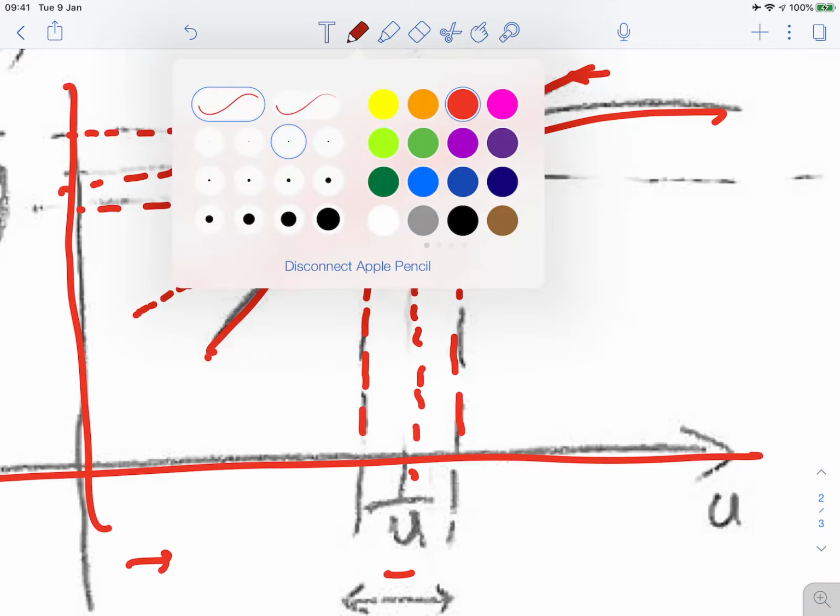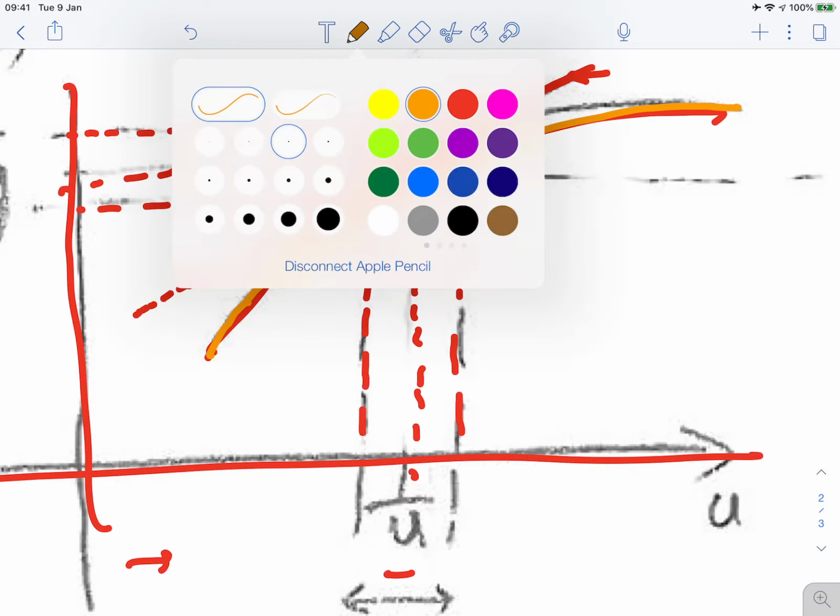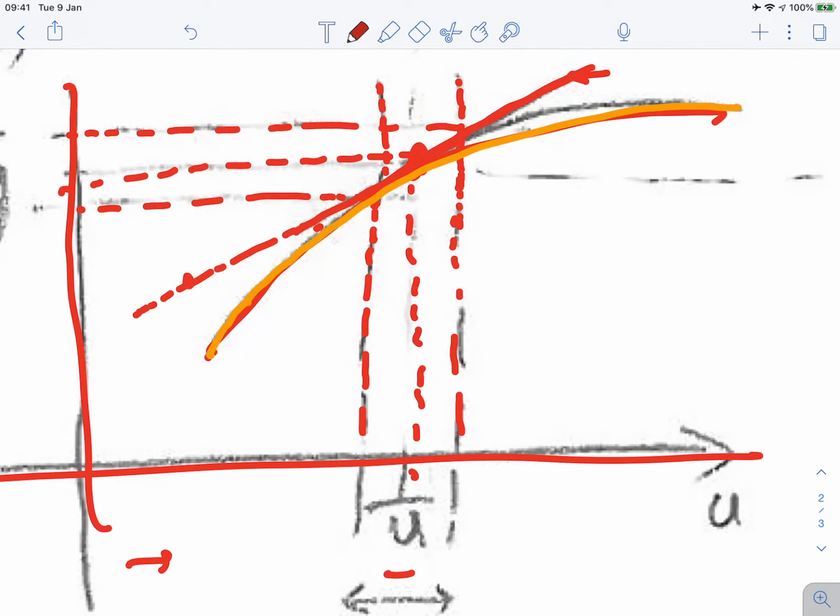Let me use some different color. So the nonlinear function is basically this one, and this point does not lie on this line or on this curve. So whatever system or representation I would obtain around this point would have nothing to do with the nonlinear system. That's why we do the analysis only in the close neighborhood of this operating point, right?